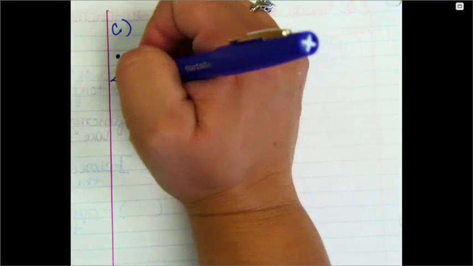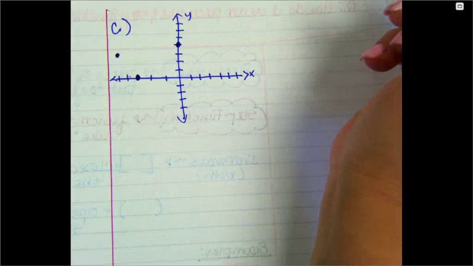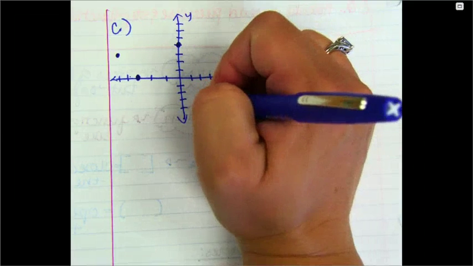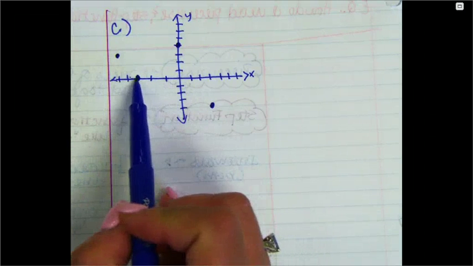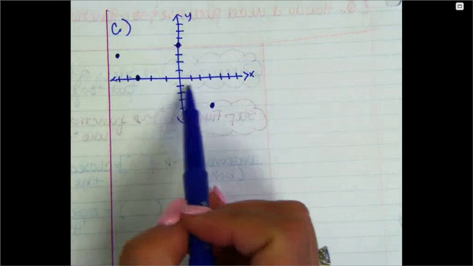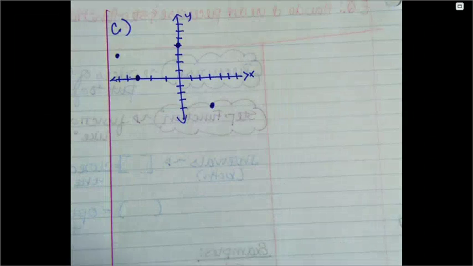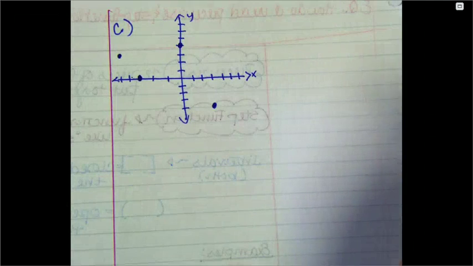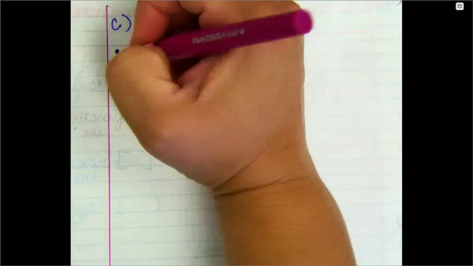Negative 3, 0. 0, 4. And 3, negative 4. So negative 5, comma 3. Negative 3, 0. 0, 4. And 3, negative 4. Way to connect.